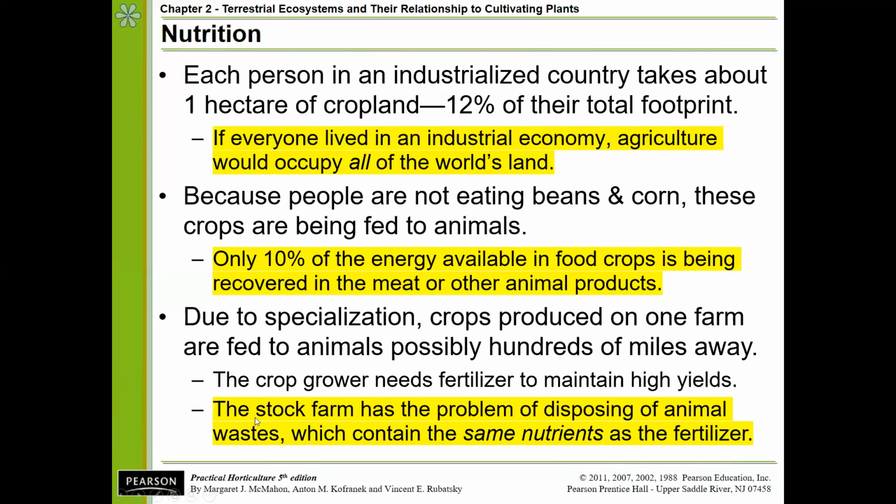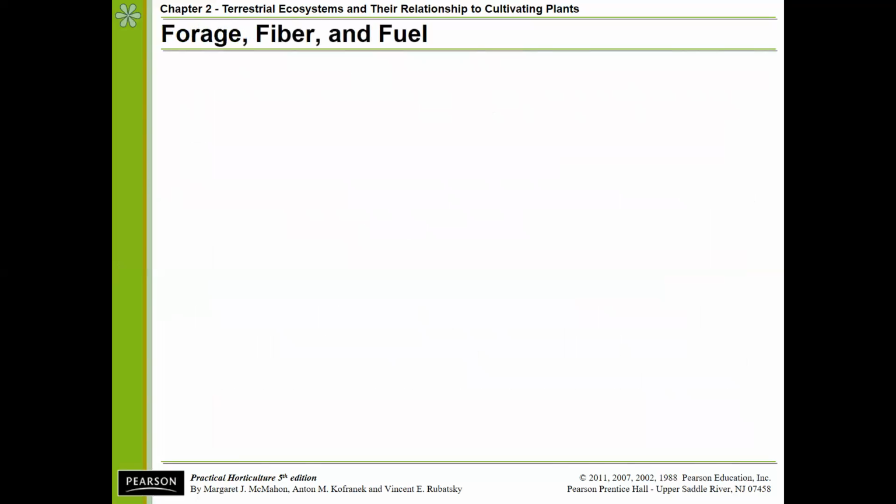Also, in a livestock situation, we have the issue of disposing of animal waste, which contains the same nutrients as fertilizer. So if you can balance animal and plant crop production, there can be a great way to make more sustainable crop production and reuse those nutrients rather than importing fertilizers.